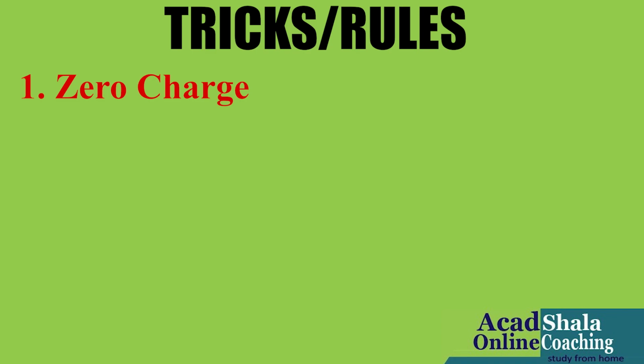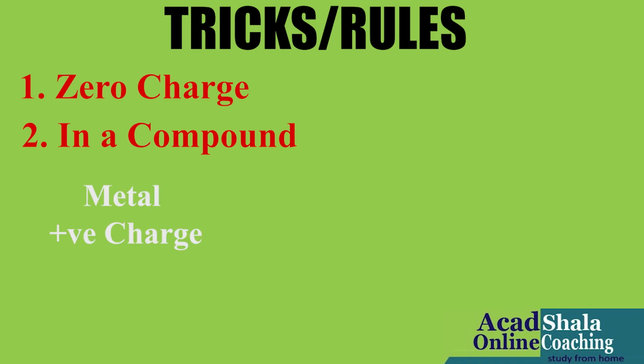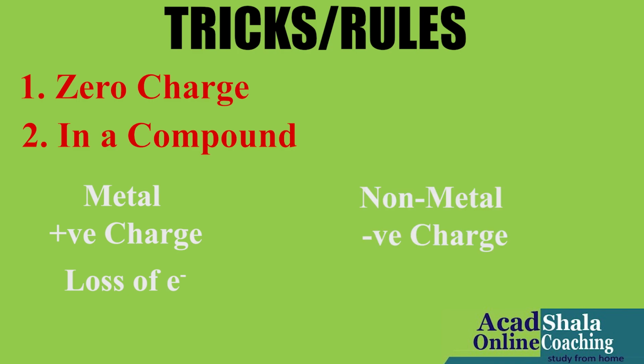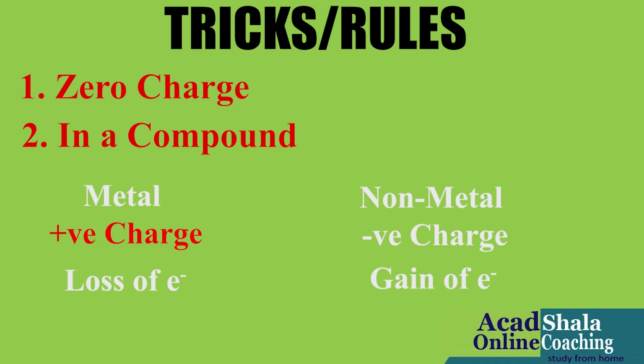The next rule or trick says, in a compound, you will always see a metal which will attain a positive charge, that is loss of electron, and a non-metal, negative charge, that is the gain of electron. Now you should not get confused with this positive and negative charge. In chemistry, whenever you see a plus sign on the element, it means it will lose electron.